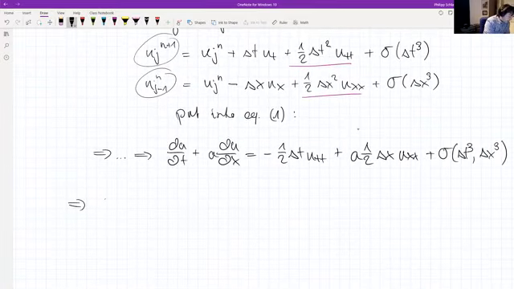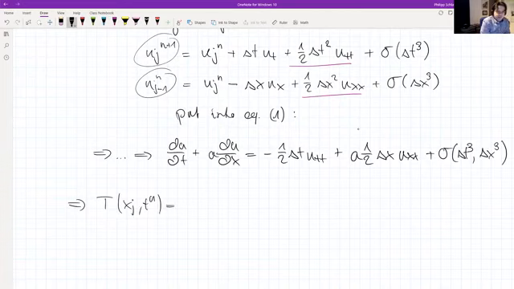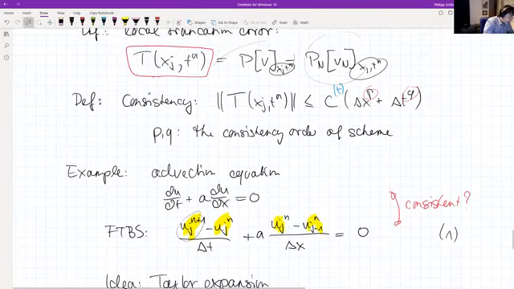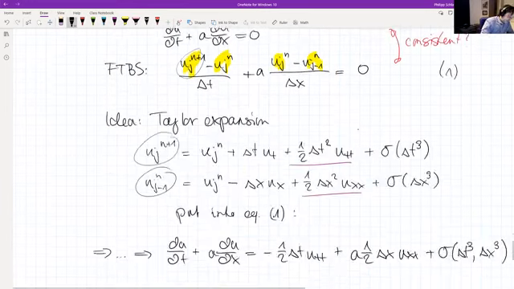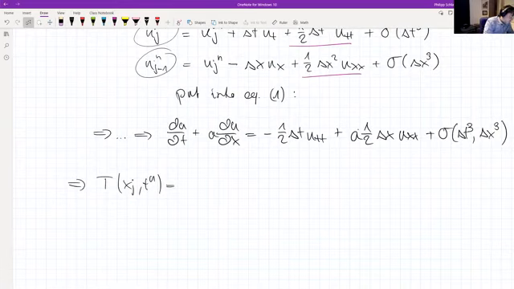So with this, I can now say that tau, as a function of x_j and t_n, will be the exact minus the discrete equation, which is then my truncation error. So what you see is that this part, of course, disappears.